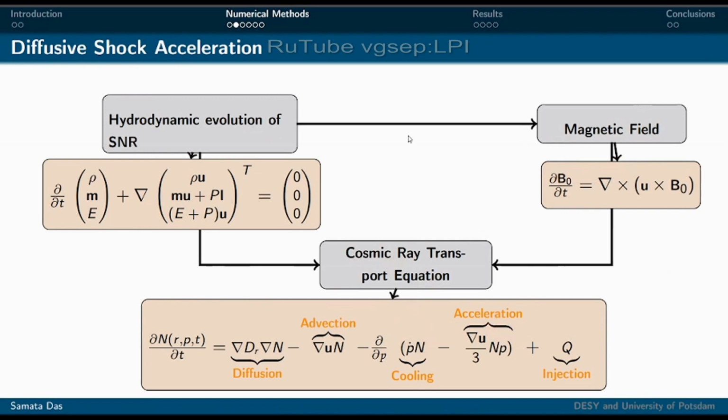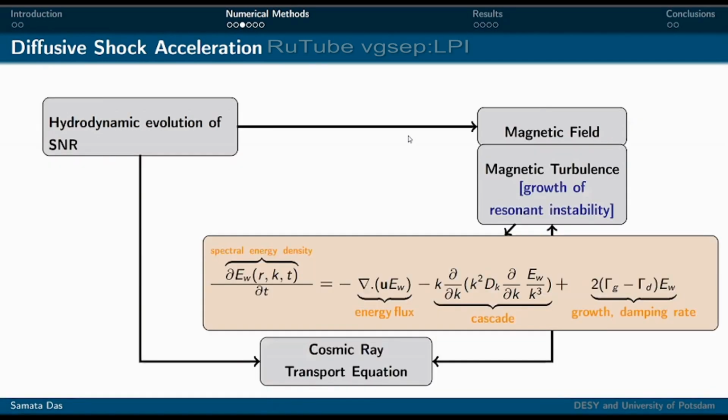The cosmic ray transport equation is a time dependent process to calculate the cosmic ray density, and we have included diffusion, advection, and cooling terms. Here cooling includes synchrotron cooling and also inverse Compton cooling. We have injected the particles from the thermal pool at the supernova remnant shock. And then, last but not least, the magnetic turbulence.